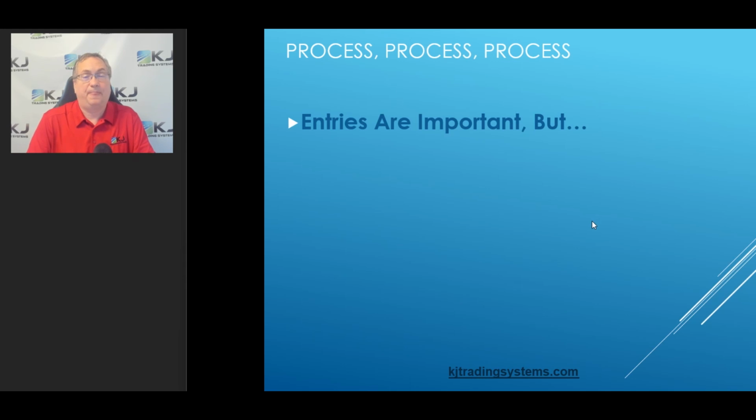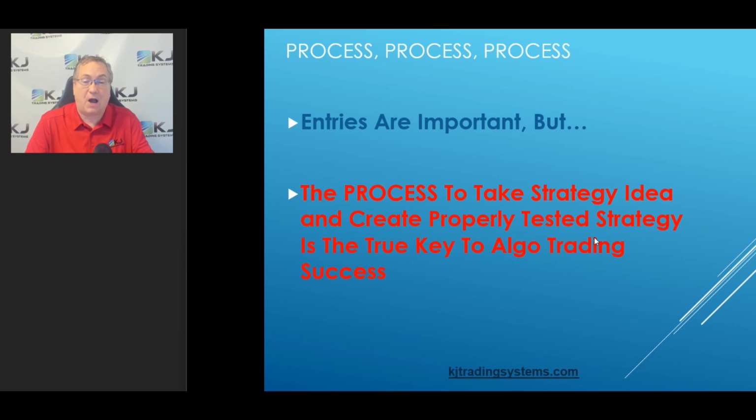And remember, entries are important. So a lot of people just focus only on entries. That's not right. But some people say entries don't matter at all, and that's not right either. Entries are important, but what's more important is the process that you build the strategy with. Are you doing things to limit overfitting and over optimization?